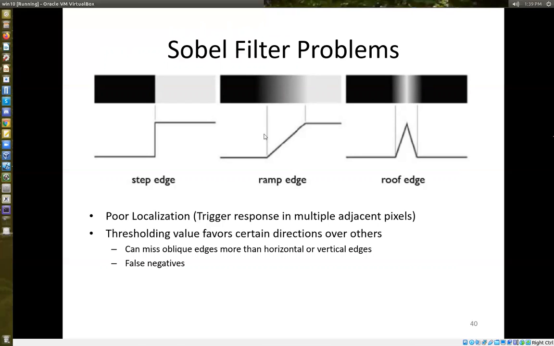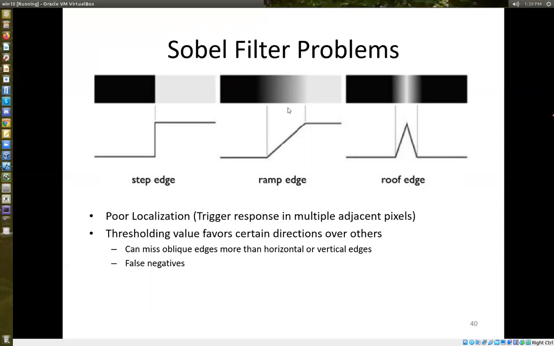With this, you either don't catch the edge if you set the threshold too big, or if you set the threshold too small, you just get a fake edge here. In that sense, people say this is poor localization, because you probably just want one edge, but you get multiple edges here.